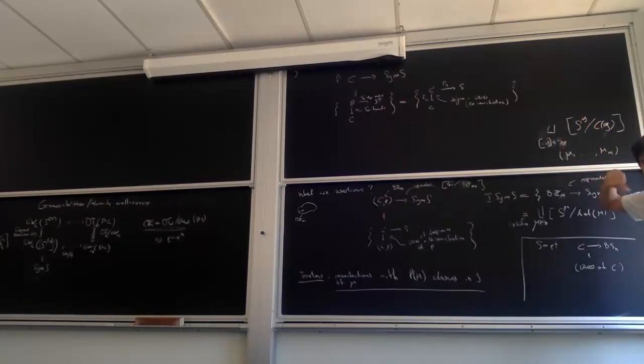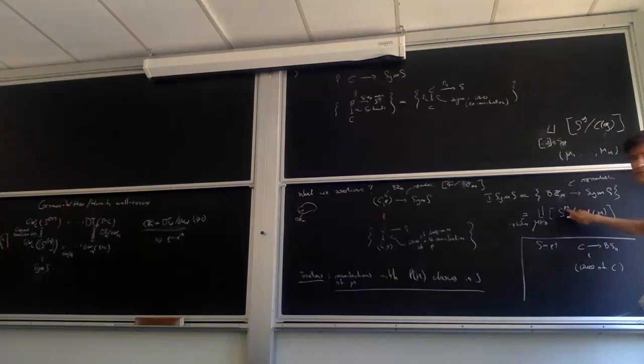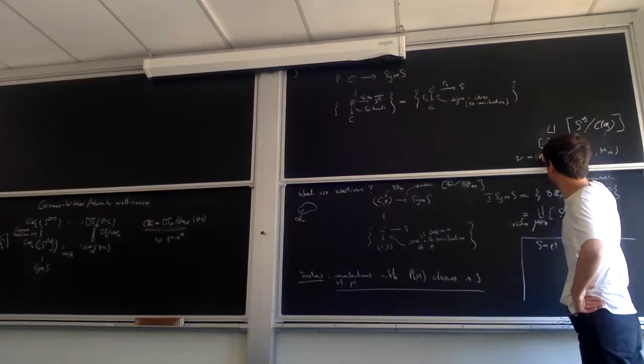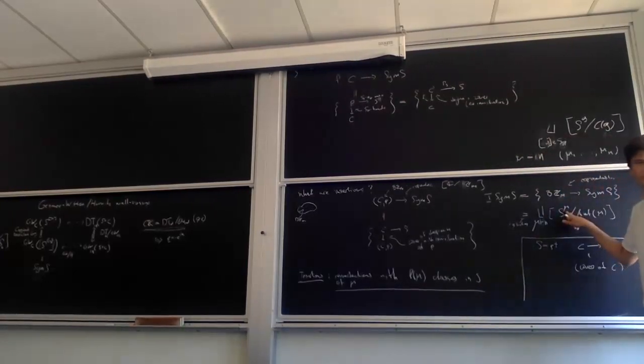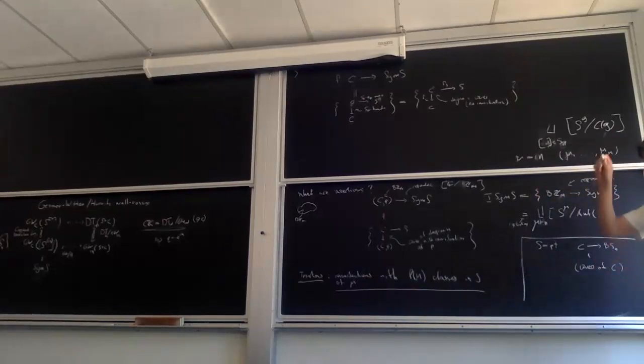If mu says n, what is that? When you write S mu, you mean what? S to the power mu? Yeah, so I view mu as a set of k elements where k is the length of mu. So if mu is equal to n, it's just a set of length 1. Okay, sure. As a number of columns in a Venn diagram.